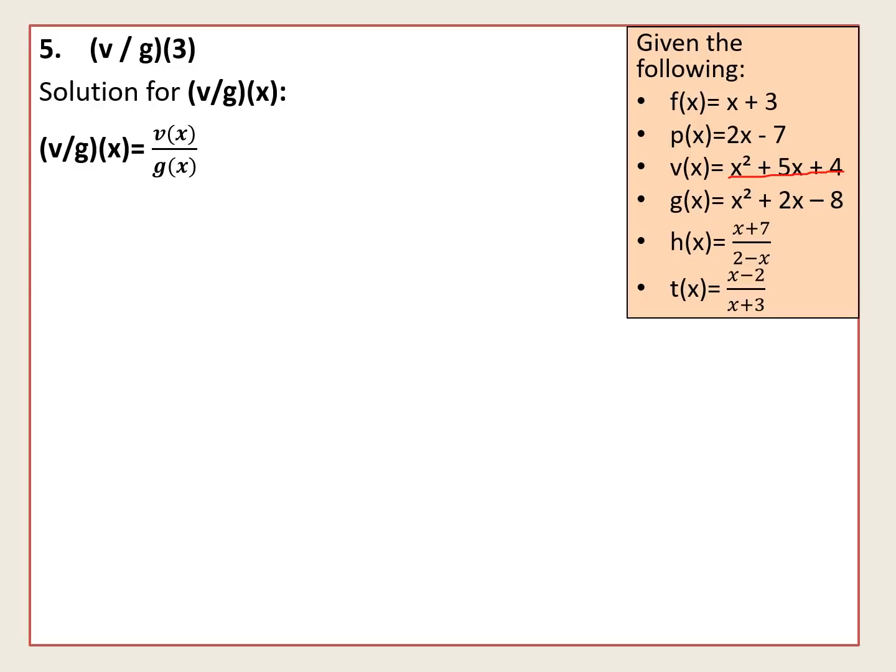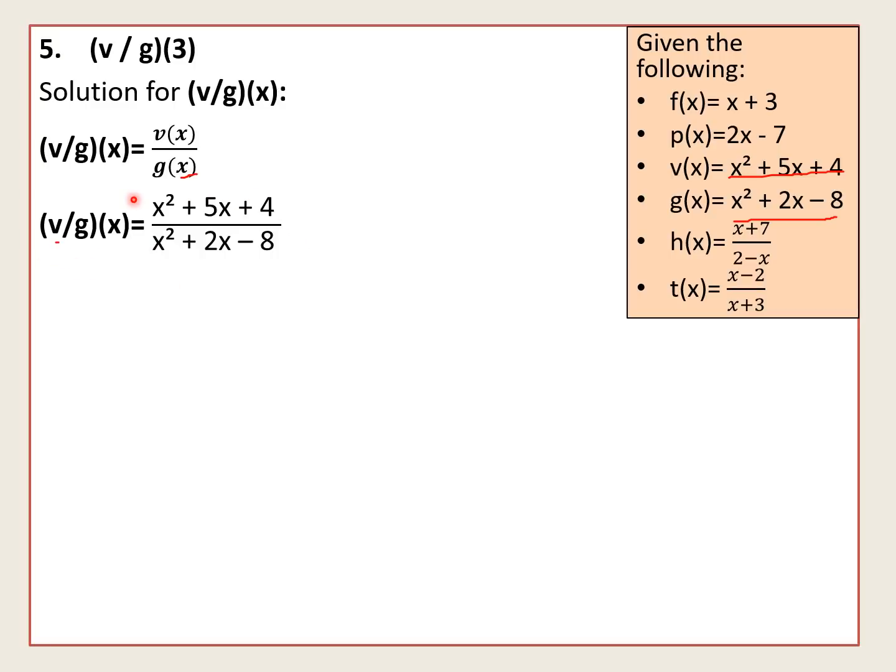And of course, g of x we have x squared plus 2x minus 8. So it becomes: v over g of x, v of x is x squared plus 5x plus 4, then g of x is x squared plus 2x minus 8.